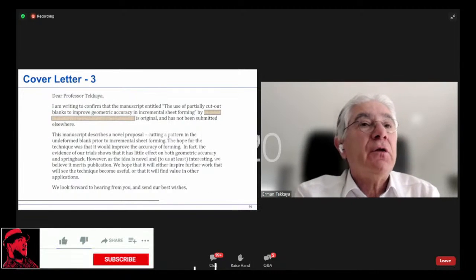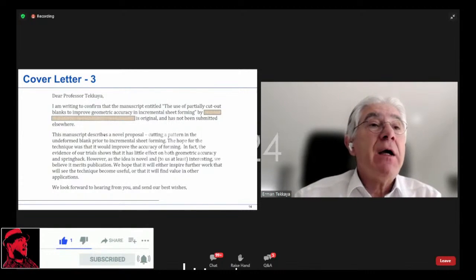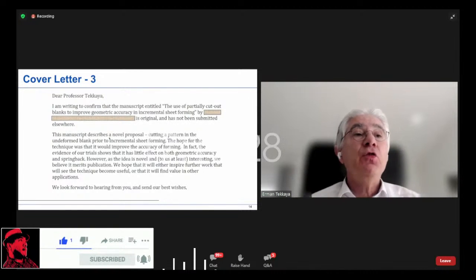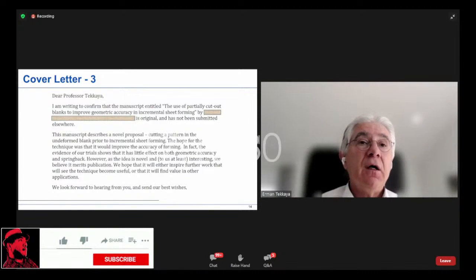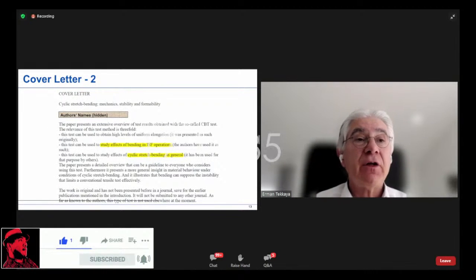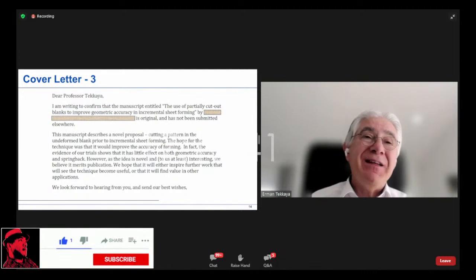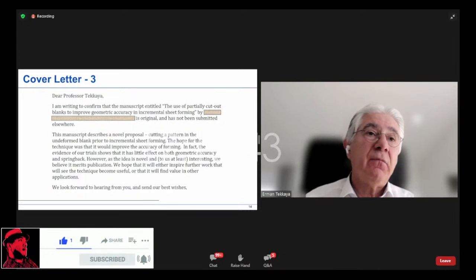So here the author wrote me, this manuscript describes a novel proposal, cutting a pattern in the undeformed blank prior to incremental sheet forming, etc. So he tries to make the editor interested in the topic.